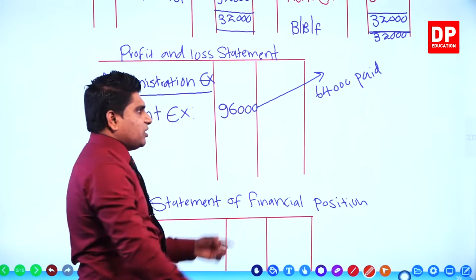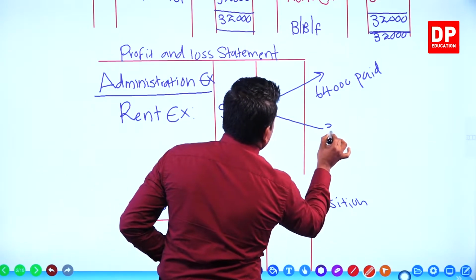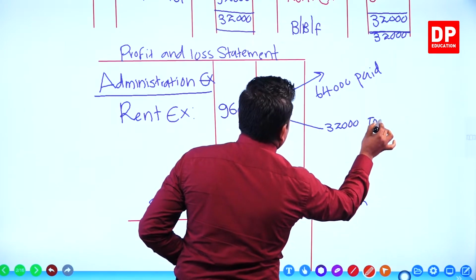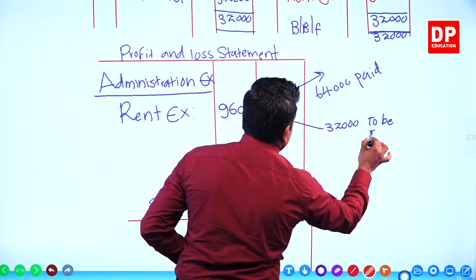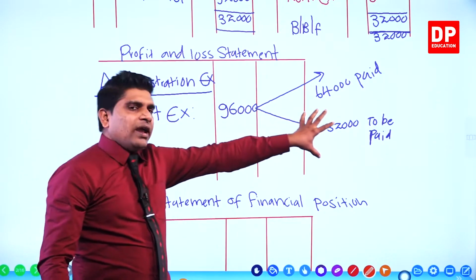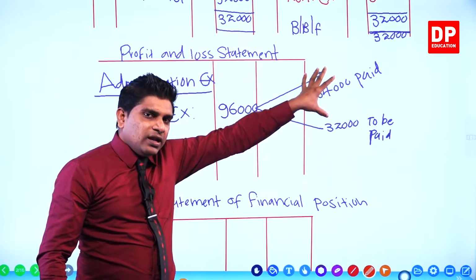I draw this to help you understand. And the other 32,000 is what? To be paid. To be paid plus paid: to be paid 32,000, paid 64,000.